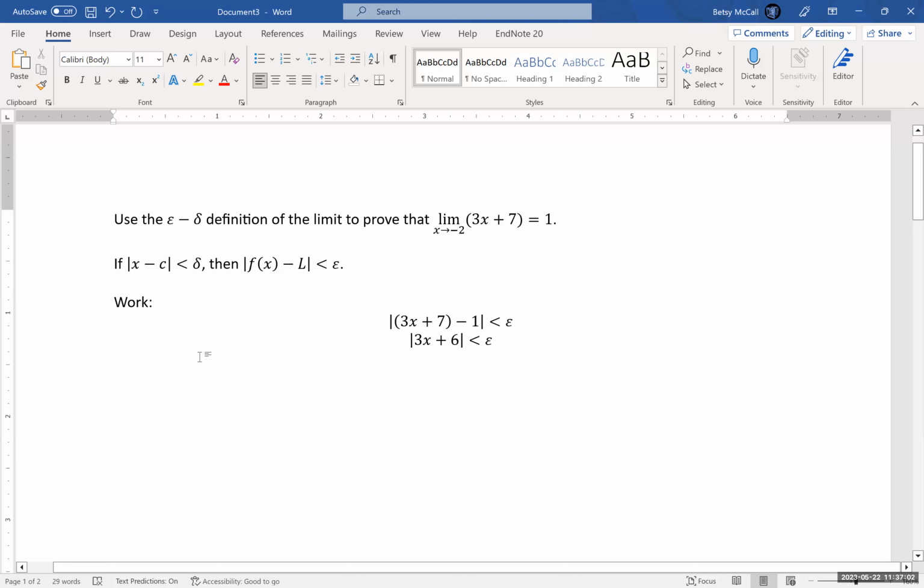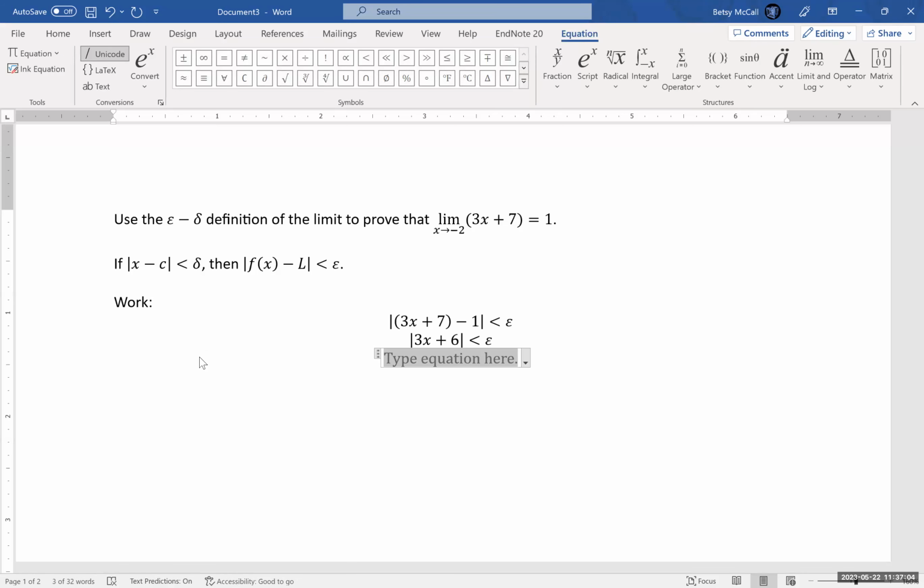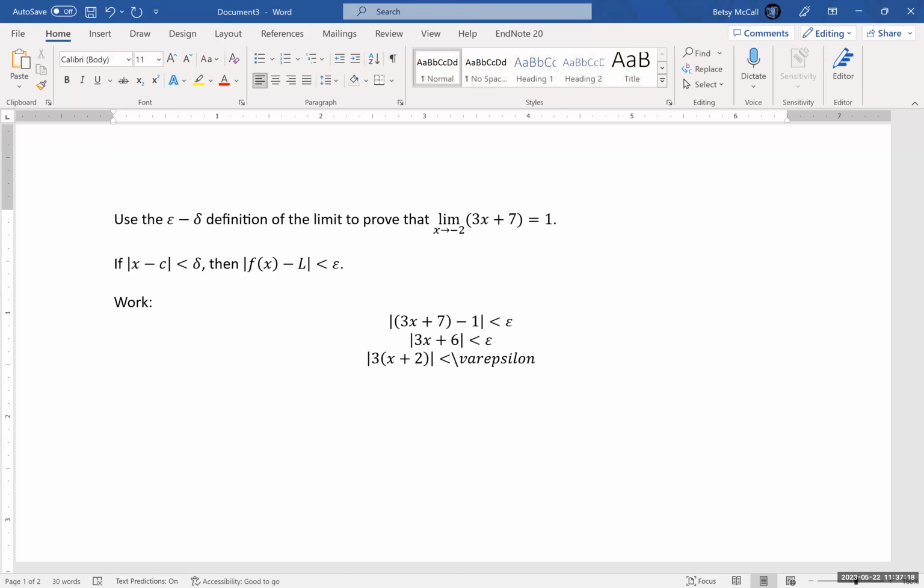So we factor out the 3: the absolute value of 3 times x plus 2 is less than epsilon.